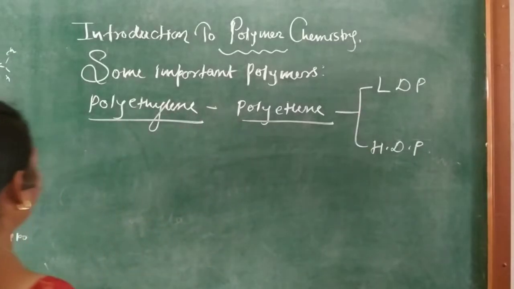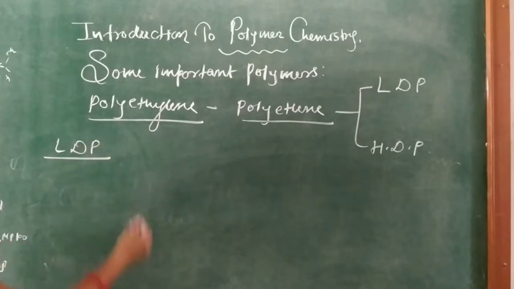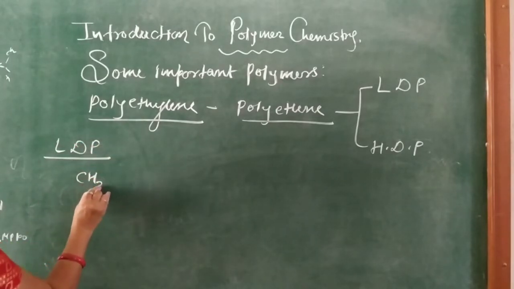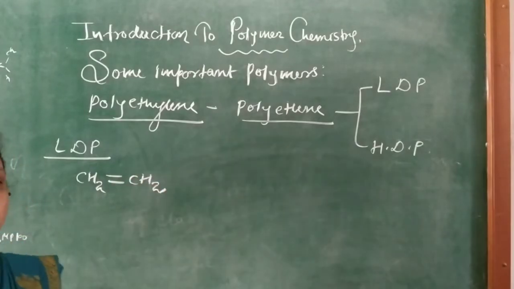Let's start with the low density polyethylene. Here the monomer is CH2=CH2. This is the linear polymer.